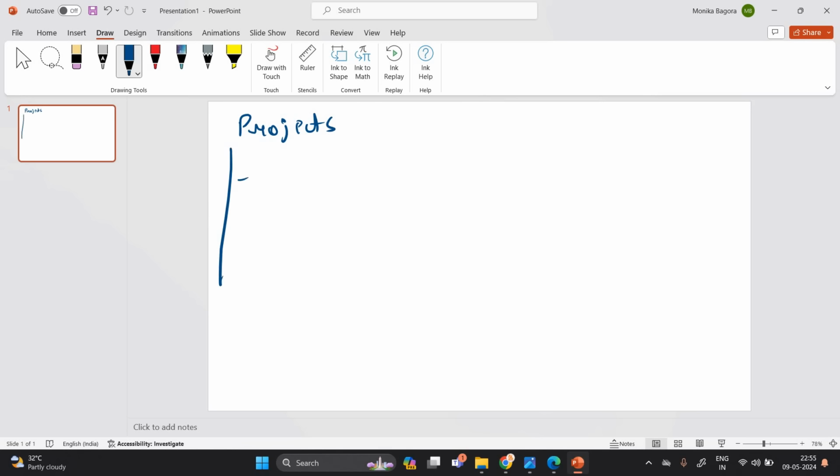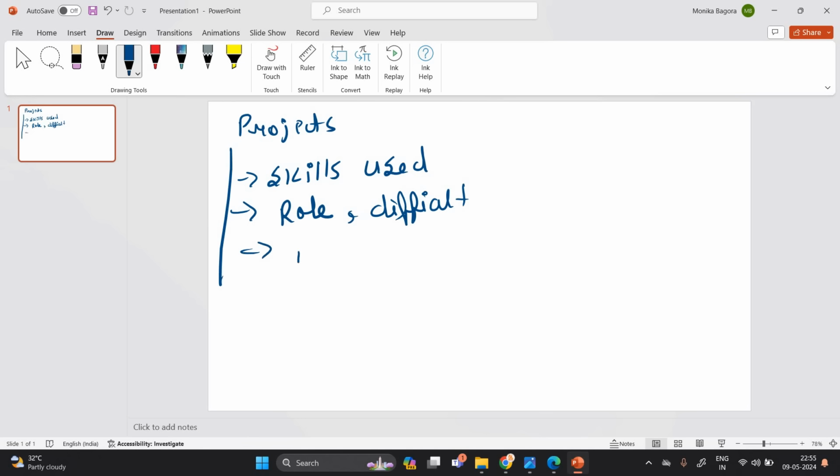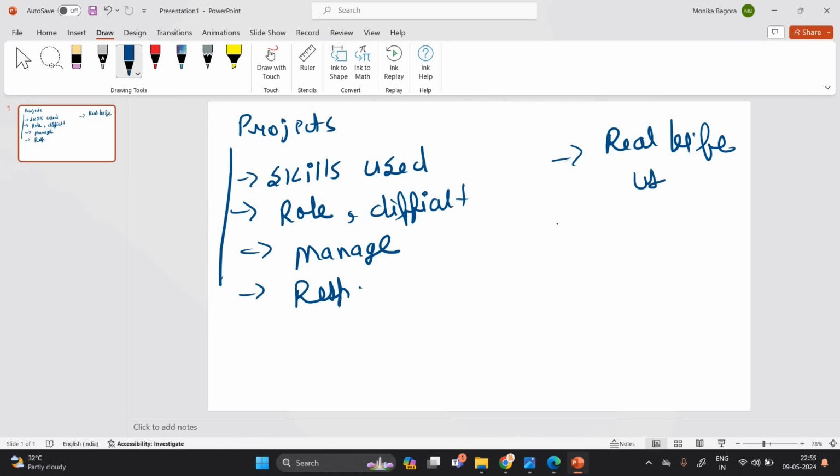So in the project: your skills used in the project, what is your role in the project, what are some difficulties you faced at the time of the project, how you managed your team, what are the responsibilities, what are the real life uses of the project, what is the importance, and what are the drawbacks of the project.